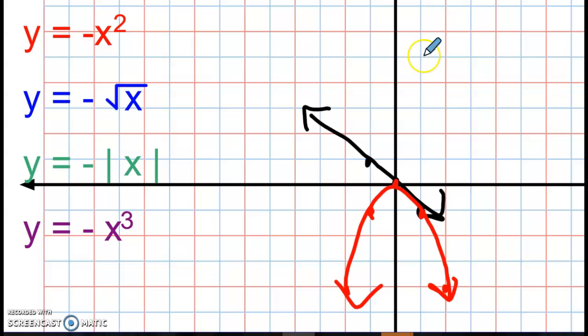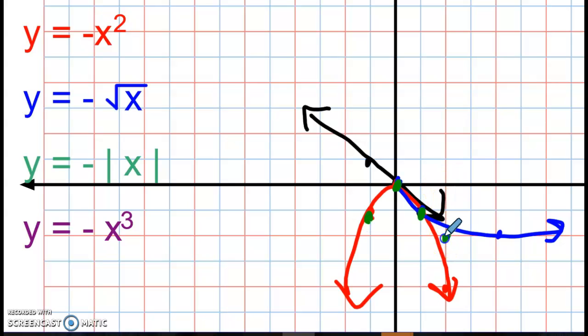The negative square root function, 0, 0. Square root of 1 is 1. The opposite of that is -1. Square root of 4 is 2. The opposite of that is -2. It's down here. So basically what happens is I'm flipping my graph over the x-axis. Absolute value of x, absolute value of 1 is 1, but the opposite of that is -1.